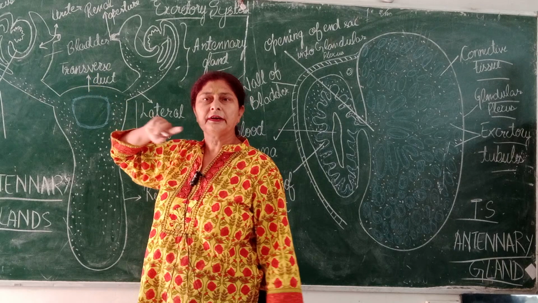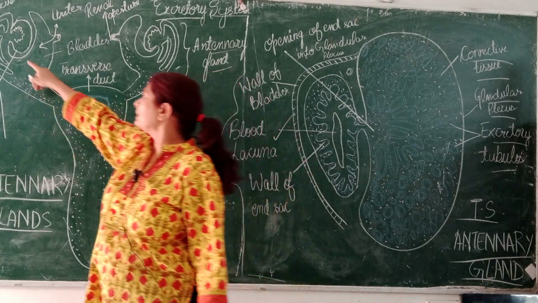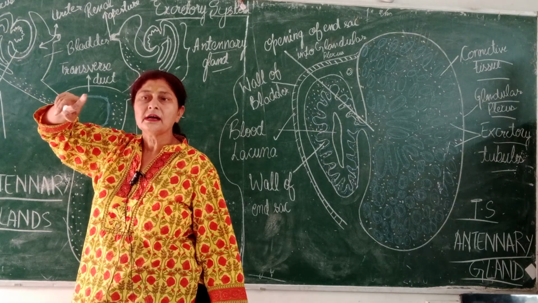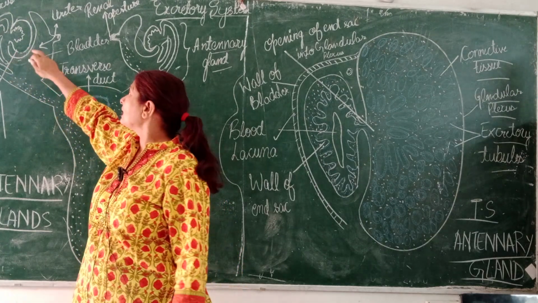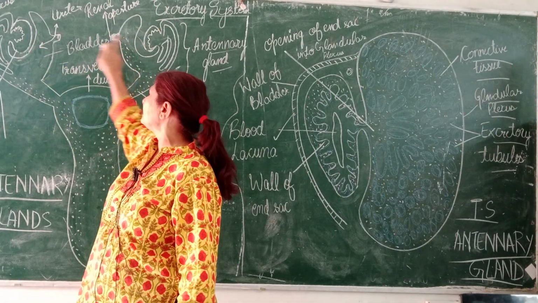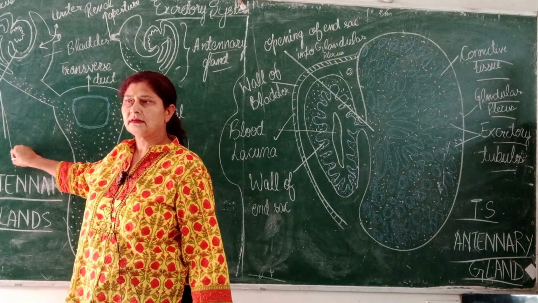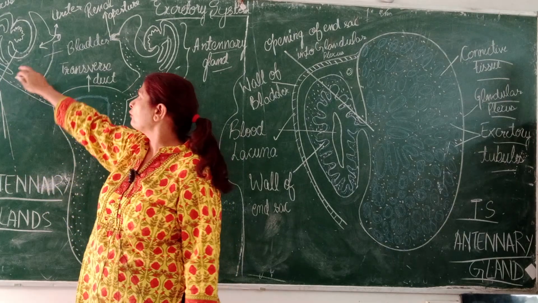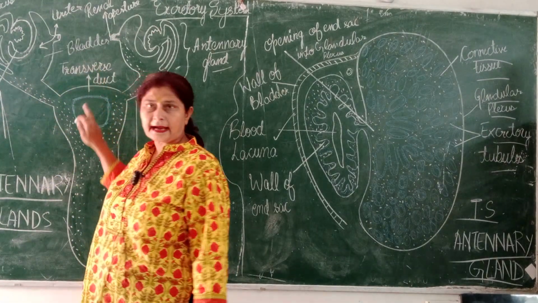So there is excretion of nitrogenous waste, meaning ammonia, which is excreted from this end sac. Clear? Excretion takes place from the end sac.